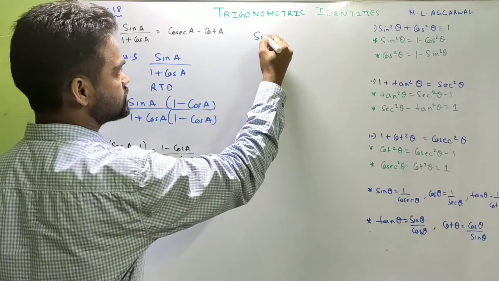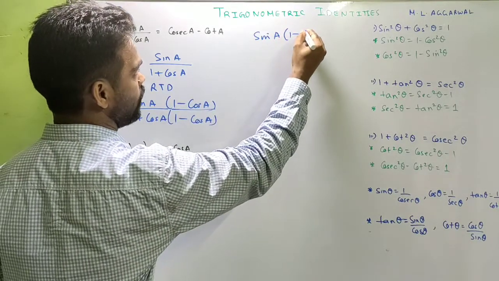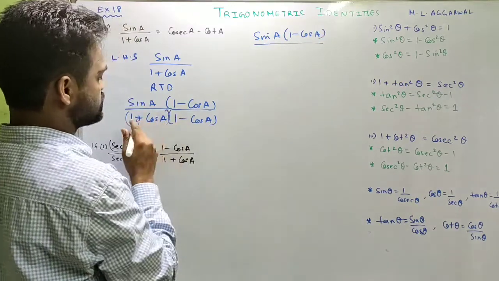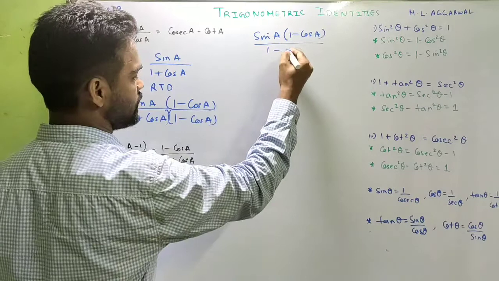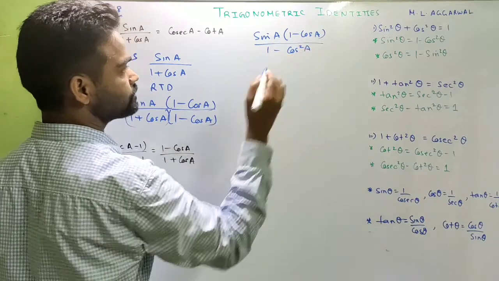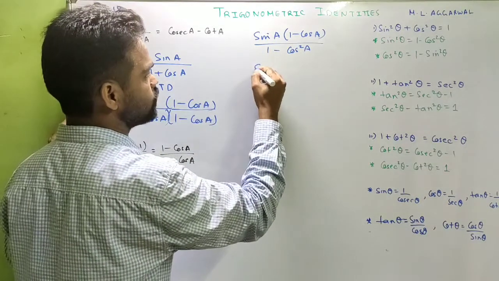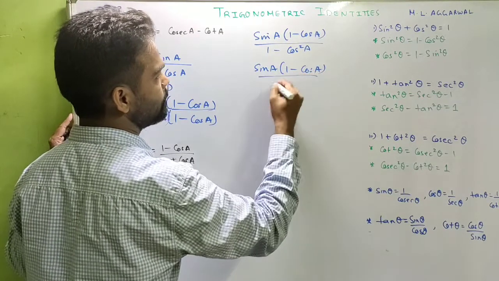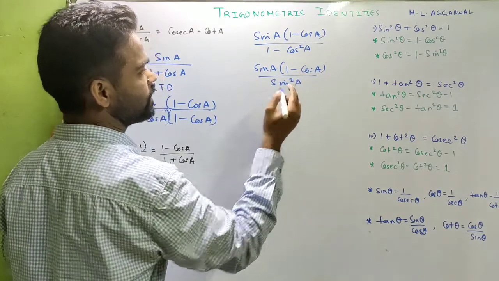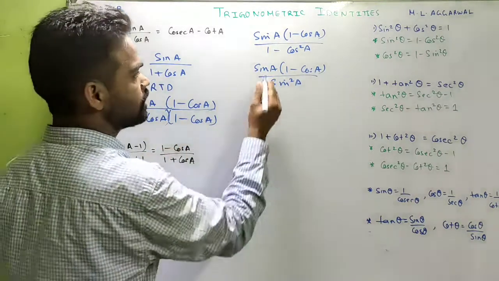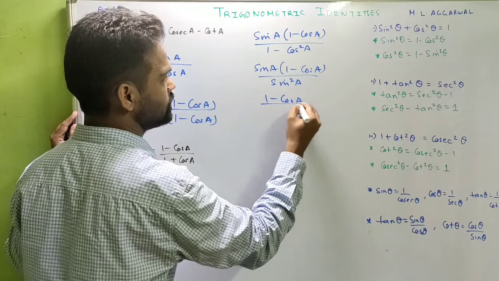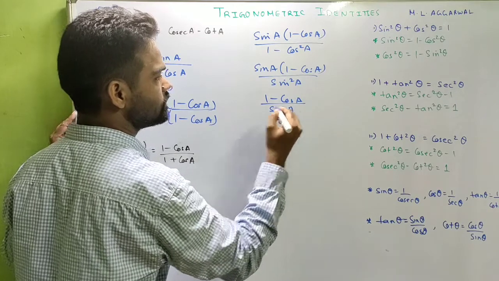See, this is sine A, 1 minus cos A, and in the denominator, this is A plus B, A minus B, that's A square minus B square, isn't it? Now this is what? Sine A, 1 minus cos A by sine square A, because 1 minus cos square A is sine square A. Now sine A by sine square A, which means sine A will be left in the denominator, isn't it?